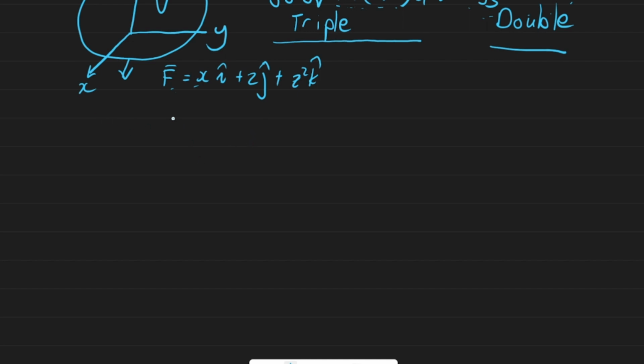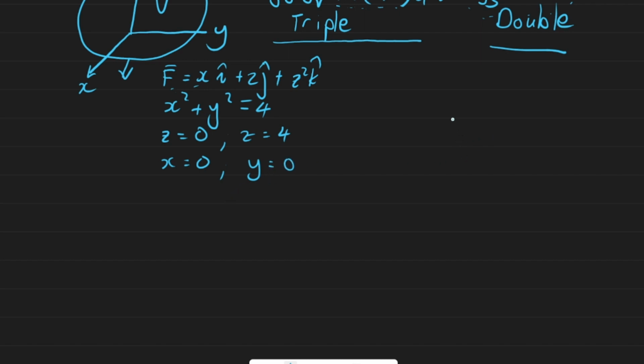We'll say that the region is a cylinder, x squared plus y squared equals 4. And we'll say that this cylinder is bounded between z equals 0 and z equals 4, and also bounded by x equals 0 and y equals 0.